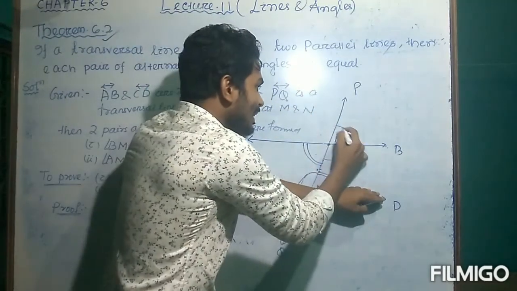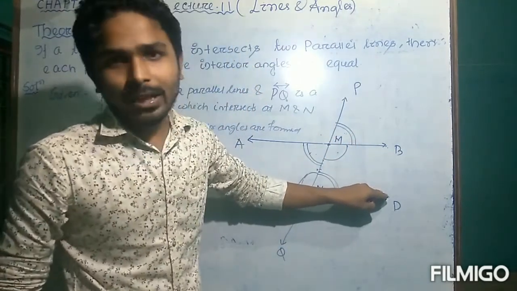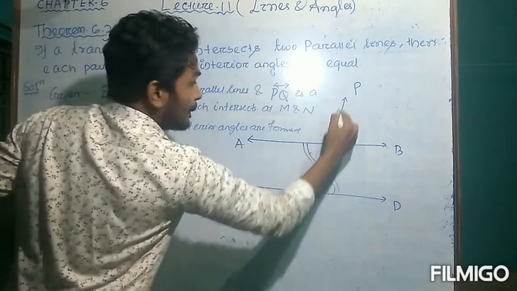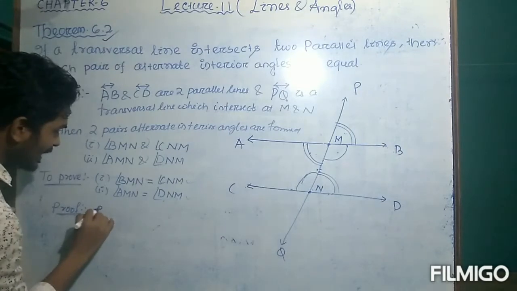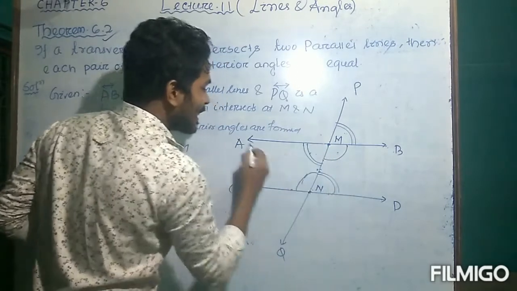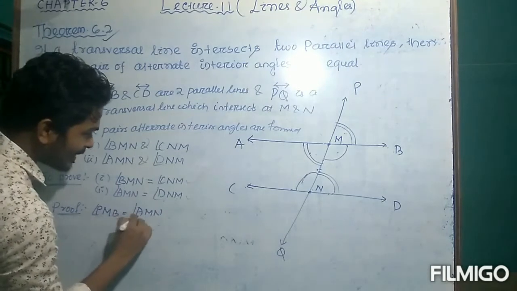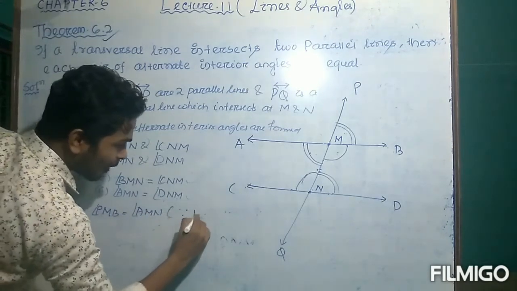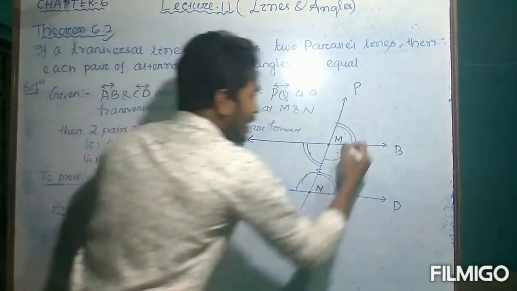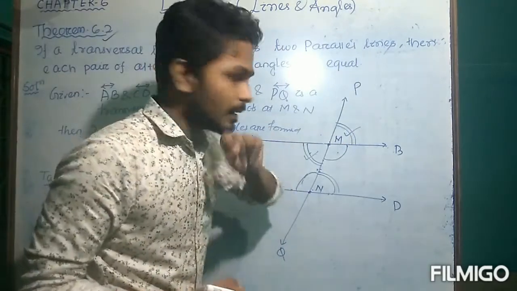So here this angle and this angle are vertically opposite angles. So angle PMB is equal to this angle AMN. What is the reason? Because they are vertically opposite angles. So first I have written this angle is equal to this angle because they are vertically opposite angles.